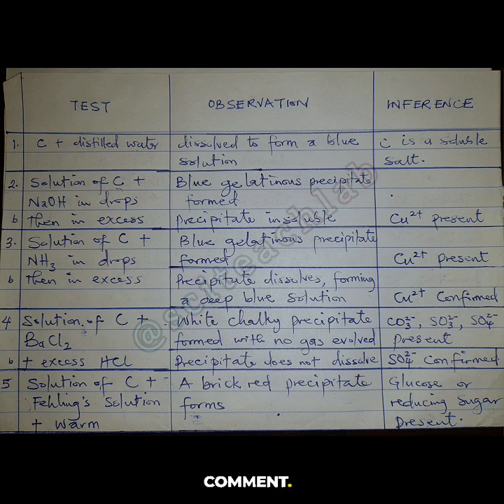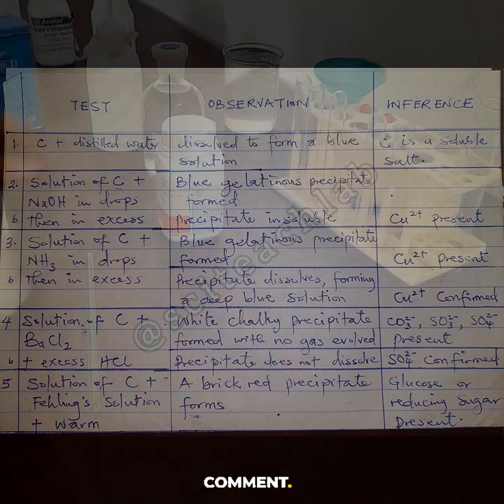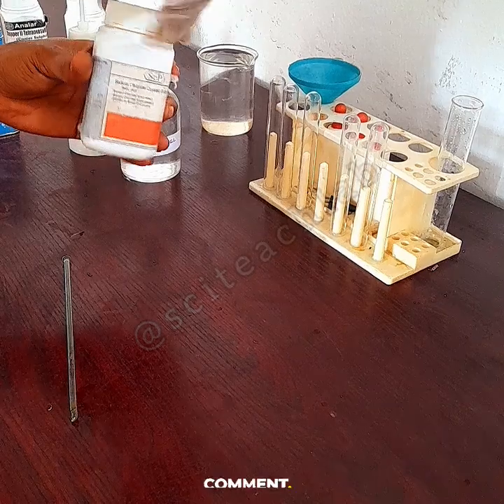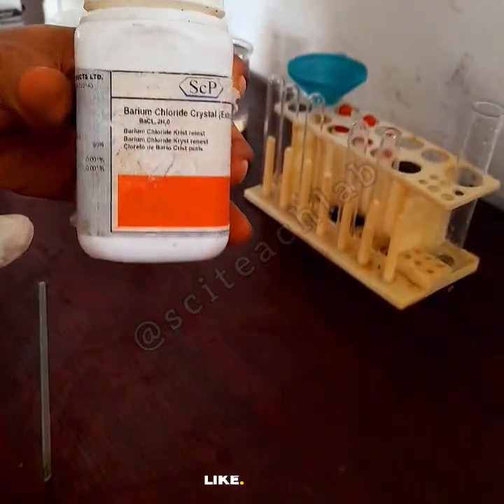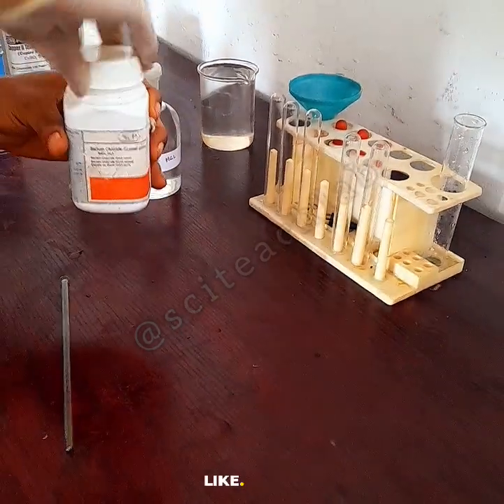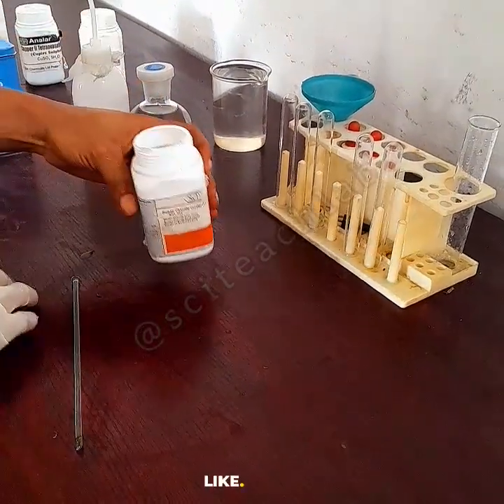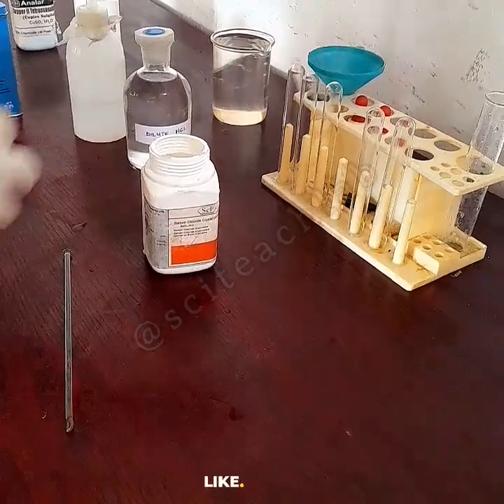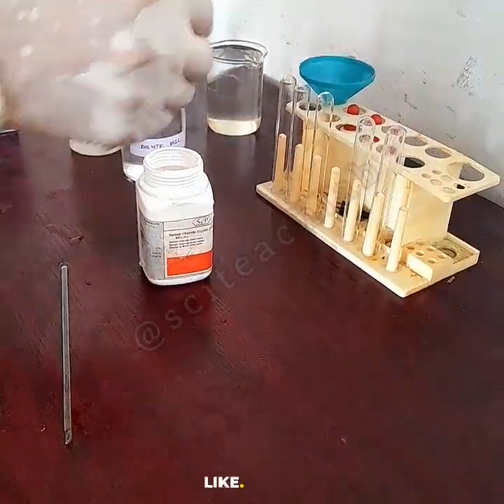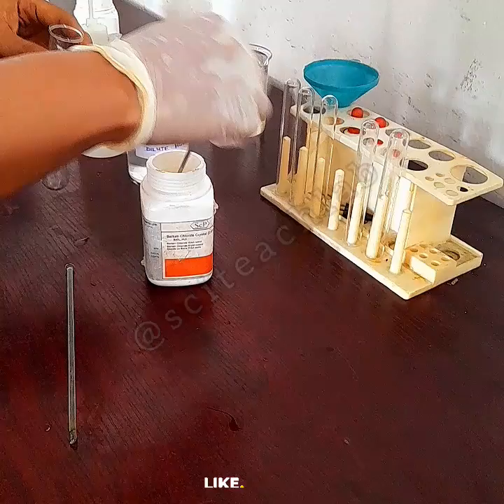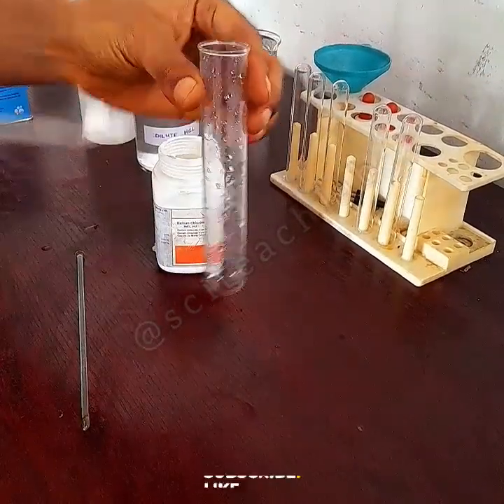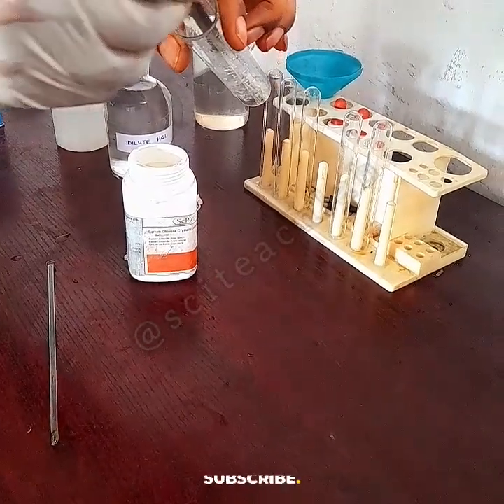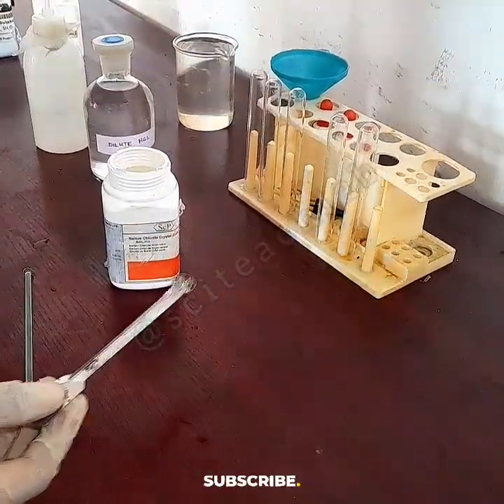All right, so we go back to the lab. We have barium chloride, and we're going to need it for this test. We take a little amount. We want to prepare aqueous barium chloride because we need it in liquid form, not in powder or anhydrous form. So we take a little barium chloride crystals and try to dissolve them in a test tube.